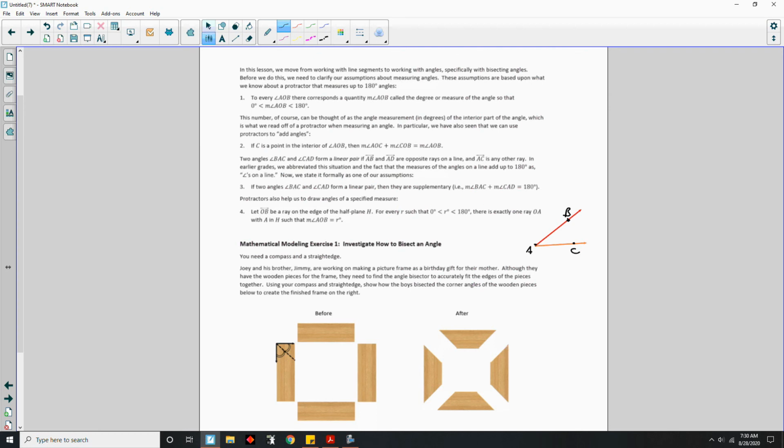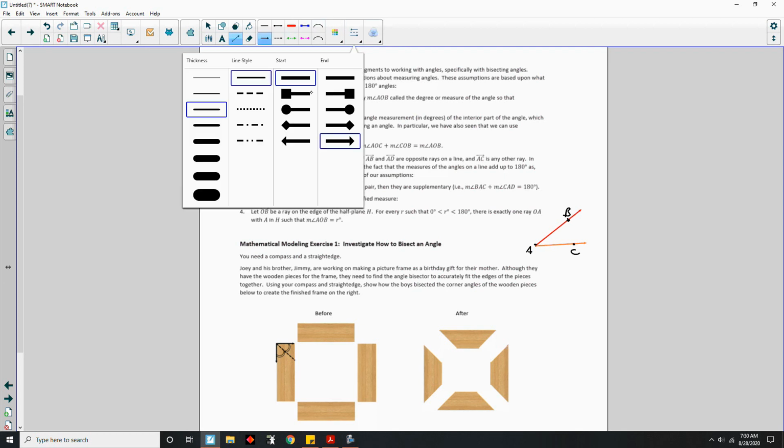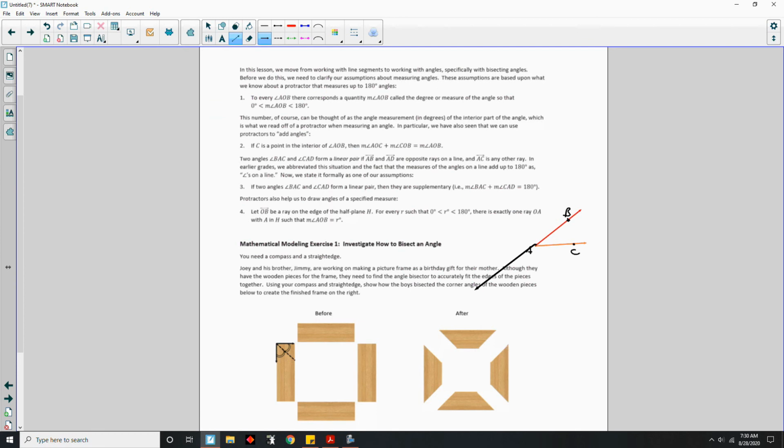So then I can put another ray, AD, like so.